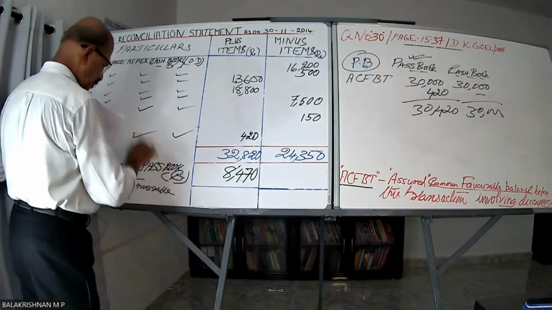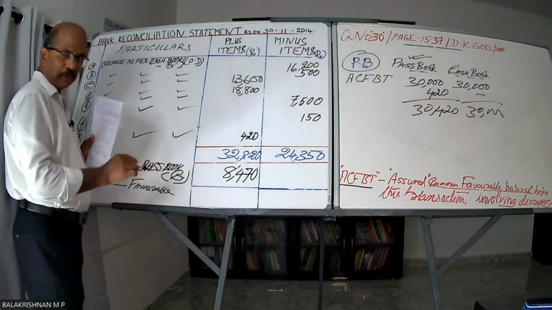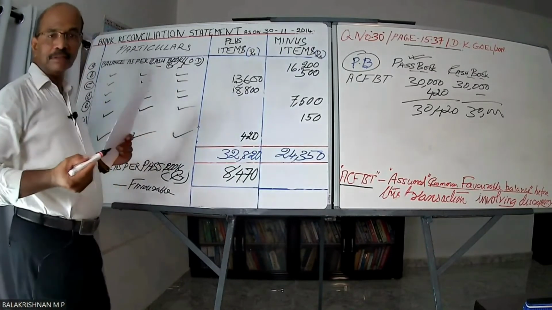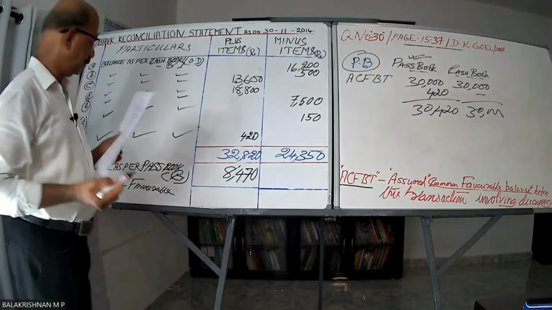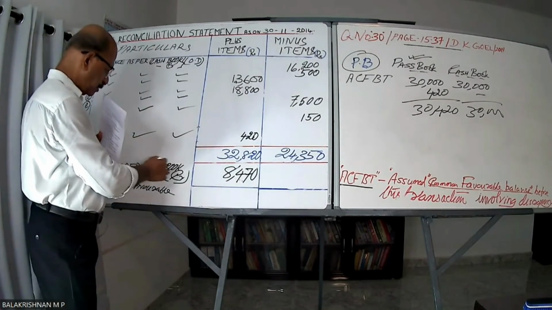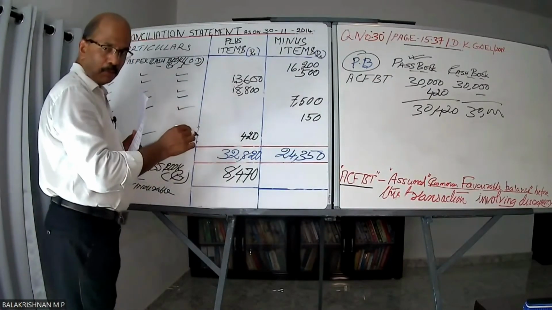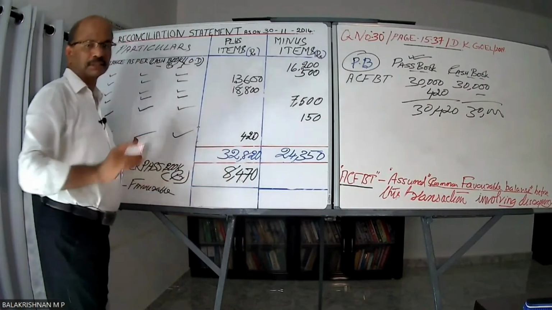But this much is sufficient. Balance as per passbook credit 8,470. Why passbook? You started with cash book. What I am expected, of course, is to find out the balance as per passbook. Yes, I found the balance as per passbook. Since I found some of my plus items are more, it's favorable. So 8,470. That's your answer.